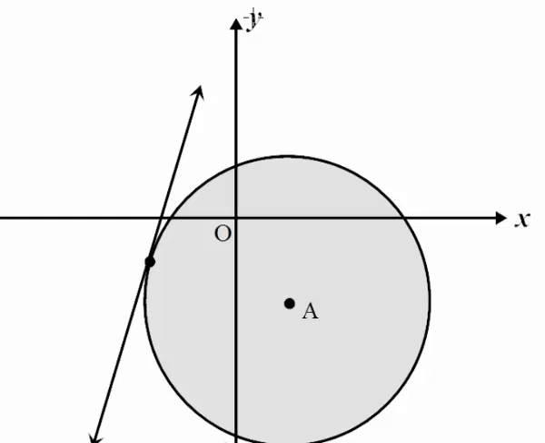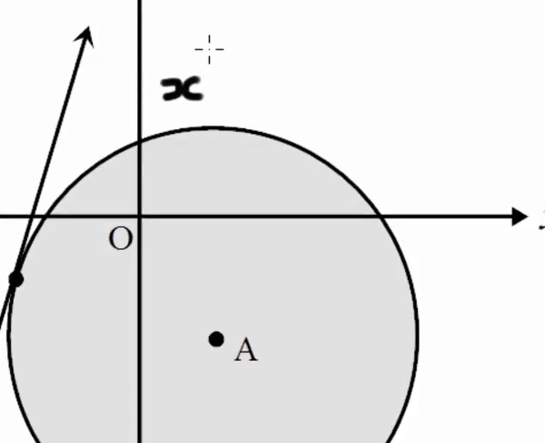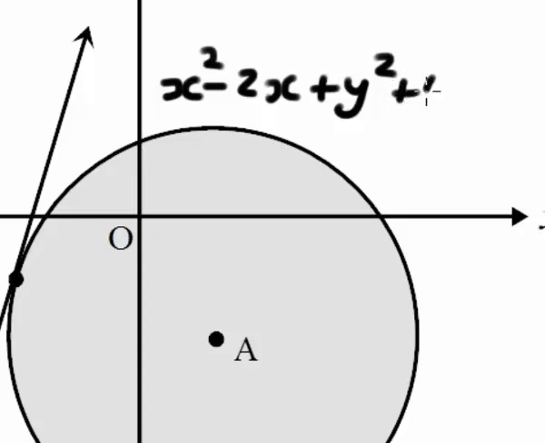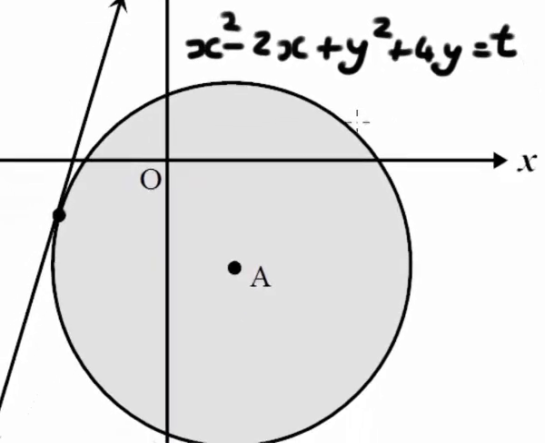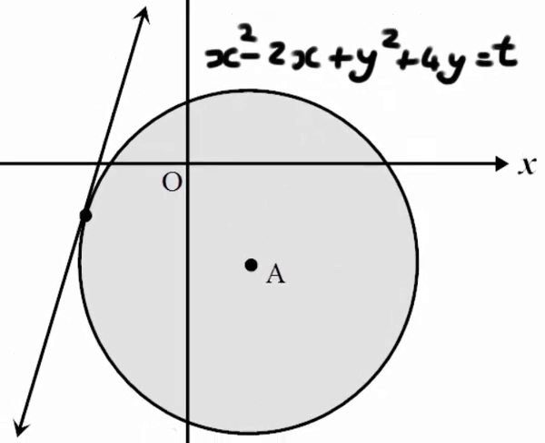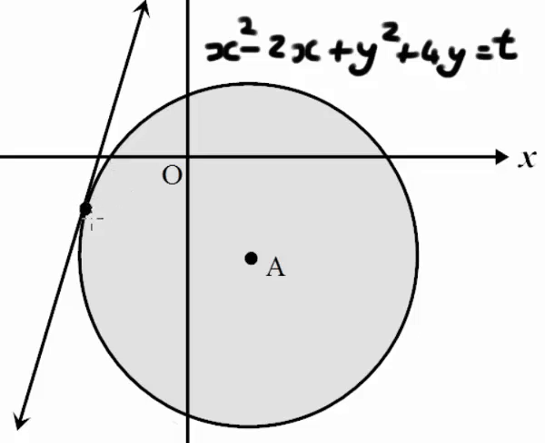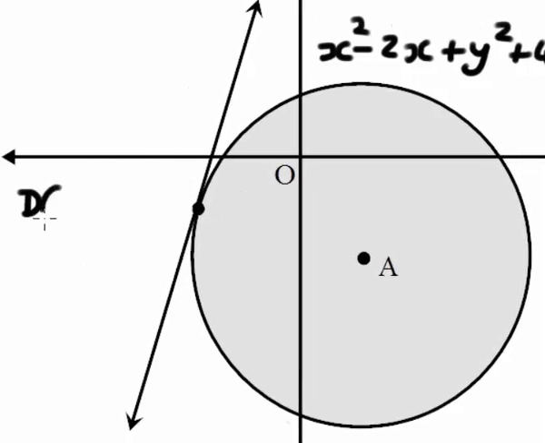In the figure, the tangent touches the circle, and the circle's equation is x squared minus 2x plus y squared plus 4y is equal to t. So that's the equation of the circle with a center at A. The point where the tangent touches the circle is negative 2, negative 1.